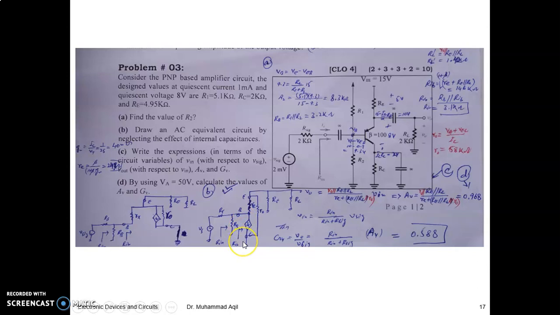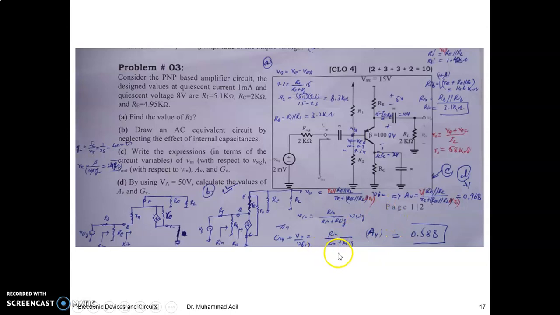And RIB is further divided into two series resistances, this one and this one. It means Rin is divided into this resistance and the parallel combination of these three resistances. So it means V out is nothing but the voltage divider between these three parallel resistances and this re, right?